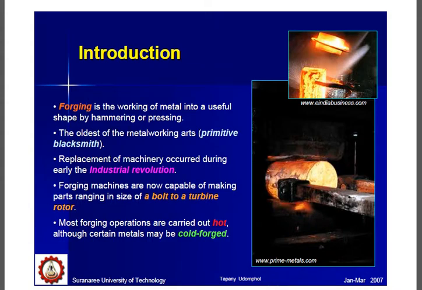It is the oldest of the metal working arts, practiced by primitive people and blacksmiths. Replacement by machinery occurred during the early Industrial Revolution. Forging machines are now capable of making parts ranging from a bolt to a turbine rotor.